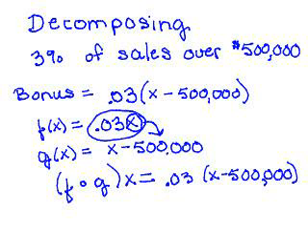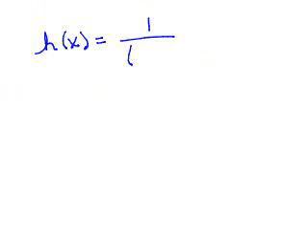So let's break this next one up then. Let's say we have this function. We have h of x is equal to 1 over x minus 2 quantity squared. Okay? And let's just try breaking this down. Well, notice in there that we have a function embedded inside another function.